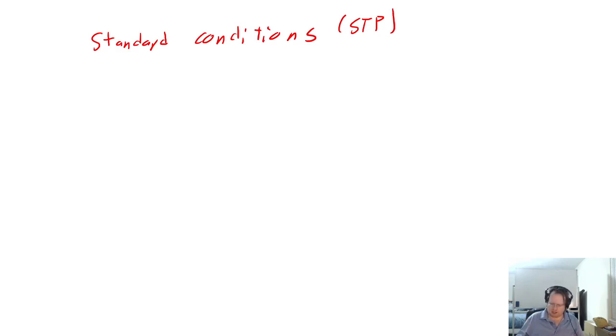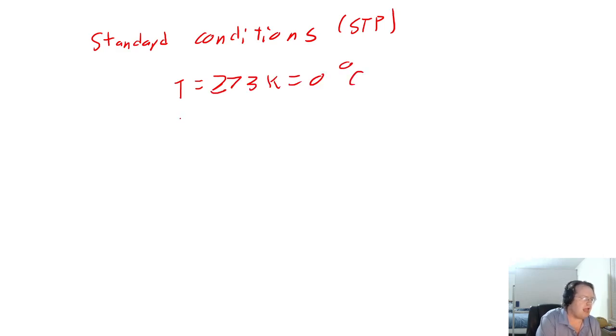And so that's a way of telling you what is the temperature and what is the pressure. Now, I'm going to point out at least one of these, while it is the standard we've agreed upon, it may not sound all that standard. So STP is a temperature of 273 Kelvin, or 0 Celsius, and it is a pressure of 1 atmosphere.